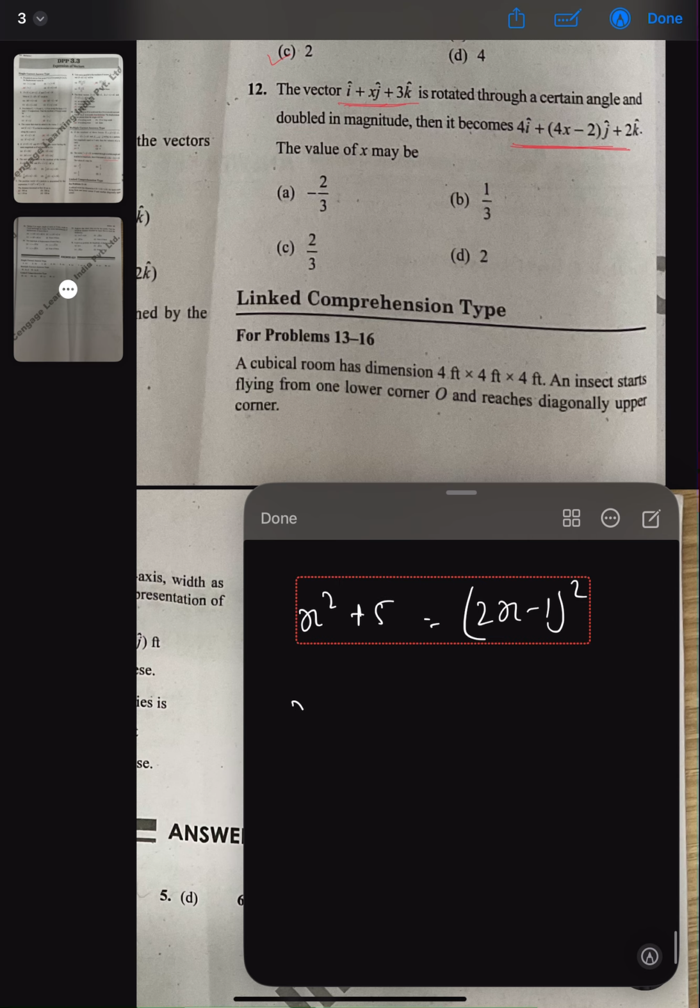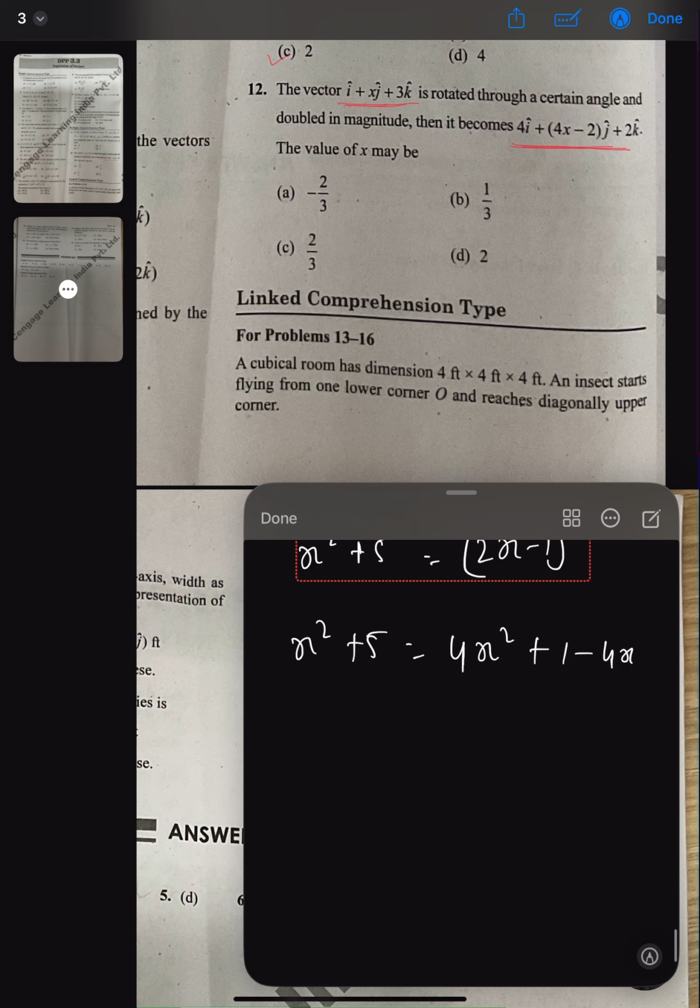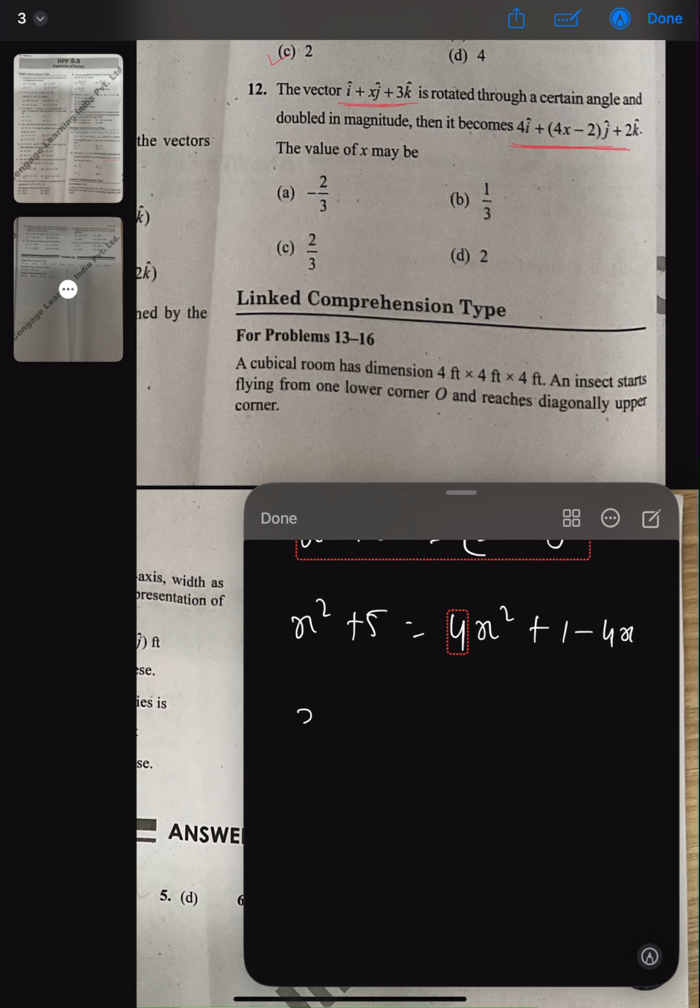So just open it: x square plus 5 should be equal to 4x square plus 1 minus 4x. It will become 3x square minus 4x minus 4 equal to 0.